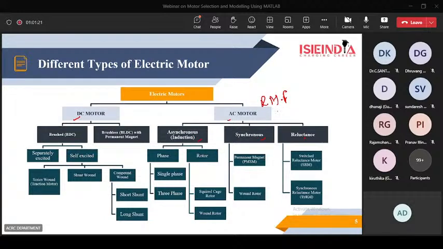Due to that, all the basic laws come into this figure, into the overall working of the AC motors as well as the DC motors.